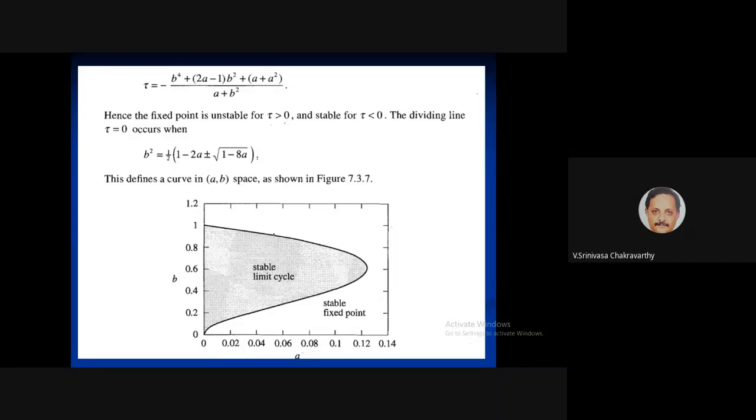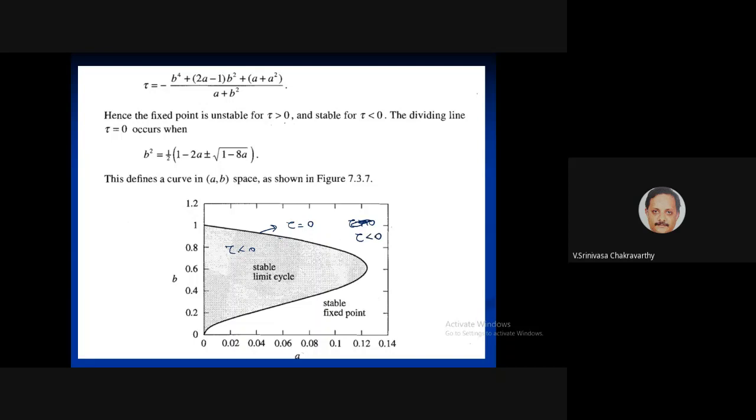this is the border where tau is 0. So inside this region, in the gray zone, tau is negative, outside tau is positive. So this is the other way around.